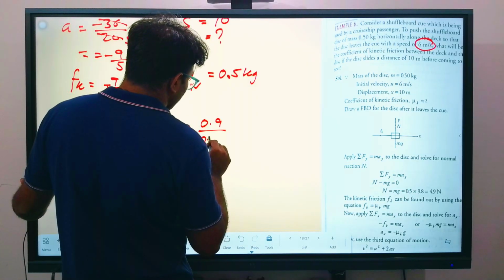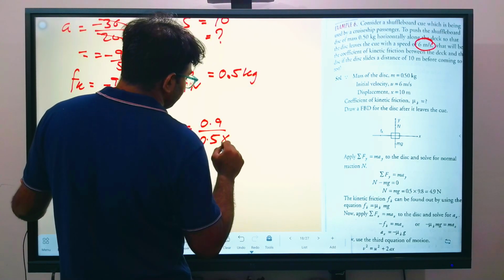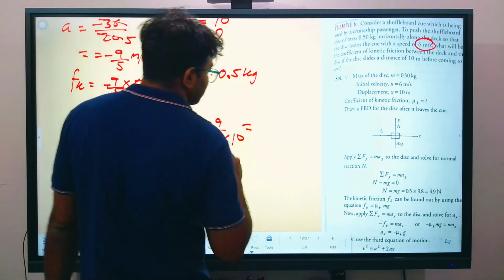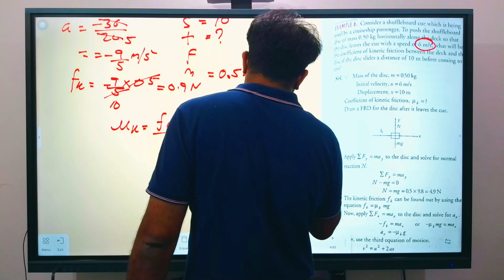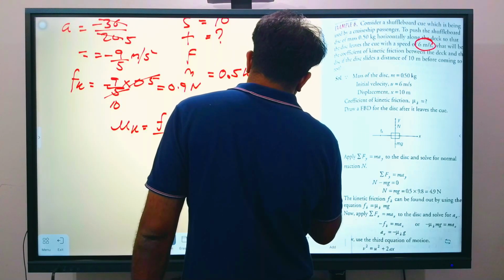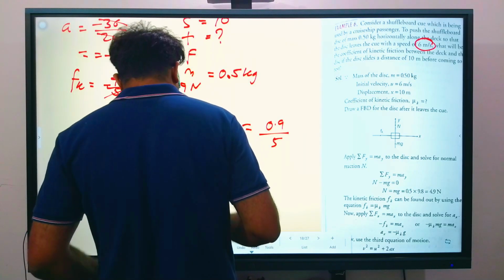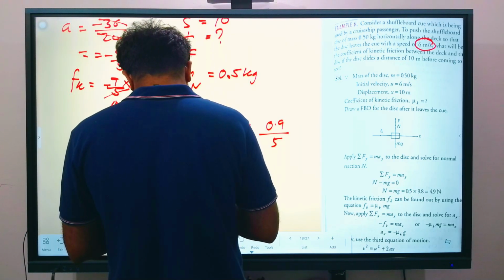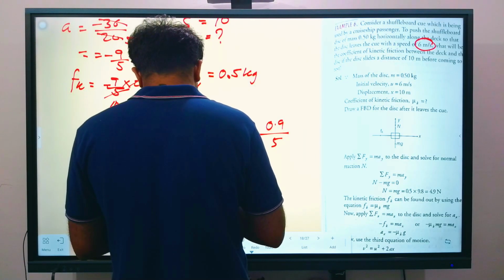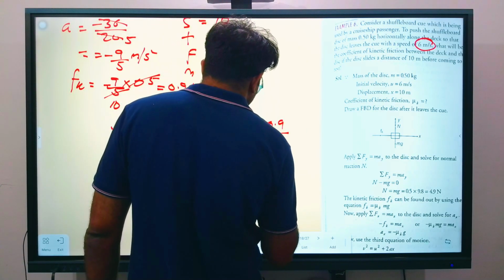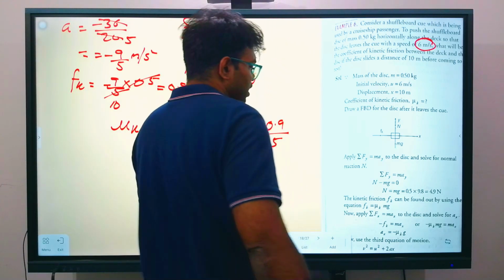So 0.5 multiplied by 10 is equal to 5, so 0.9 upon 5. 0.9 divided by 5 is equal to 0.18. Am I correct?